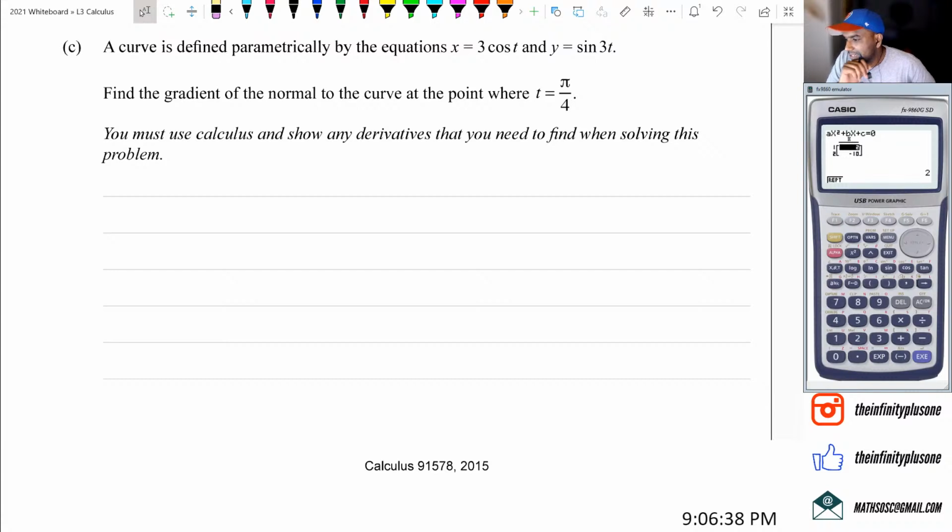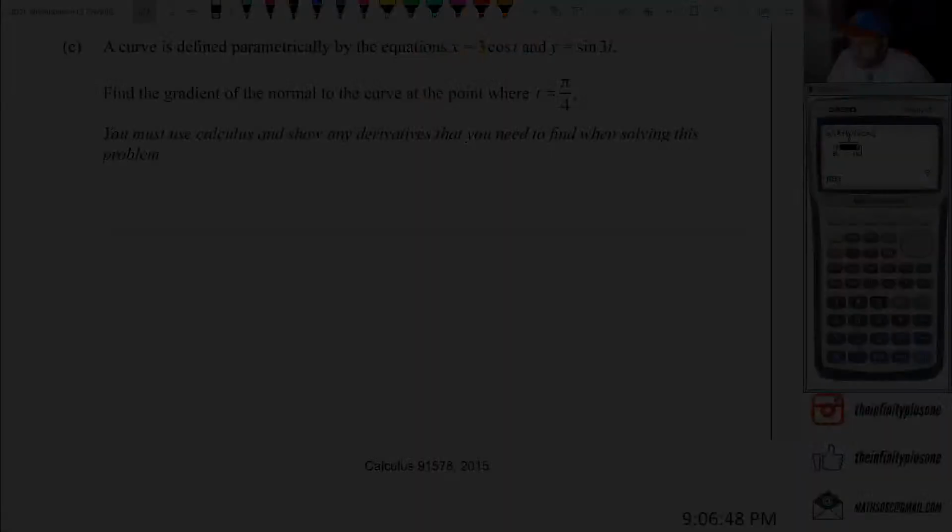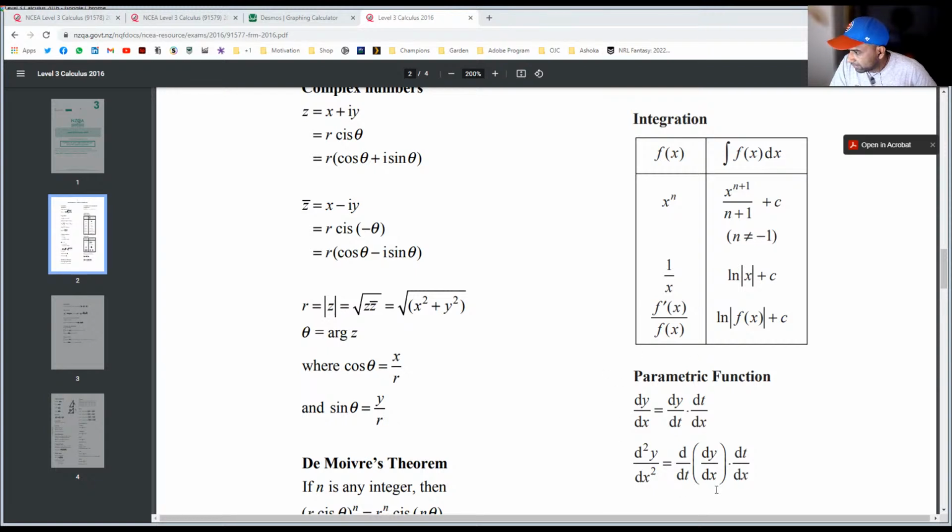Parametric equations, guys, they do come up as well. And again, remember that your parametric equations are actually given in your formula sheet. This is super useful, especially when you're doing the second derivative for parametric equations. Just go and grab the formula, substitute it, and then you should be pretty much good to go.